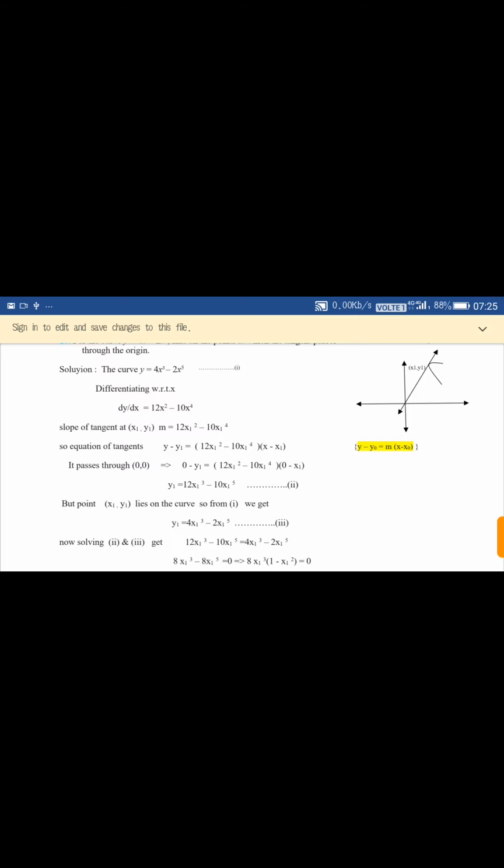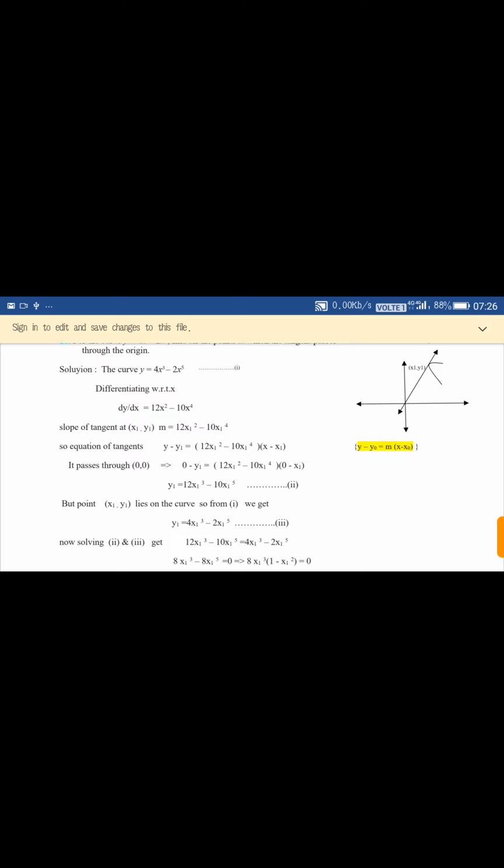That means here (x1, y1) is (x0, y0) and m is given from above, the slope of the tangent. Thus it becomes y − y1 = (12x1² − 10x1⁴)(x − x1).